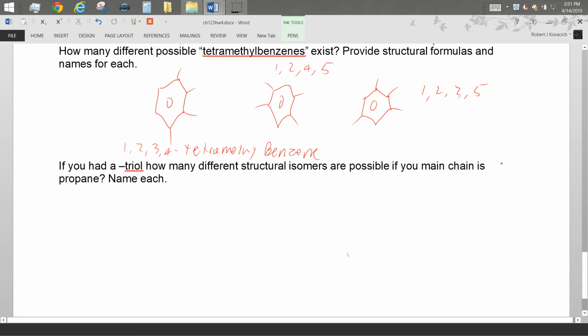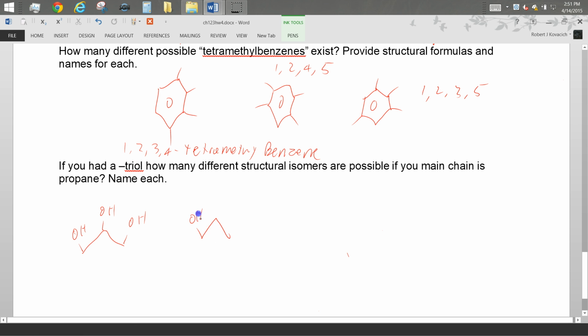If you had a trial, how many different structural isomers can you have with propane? Okay, so I got a propane. I could put an OH there, and an OH there, and an OH there.